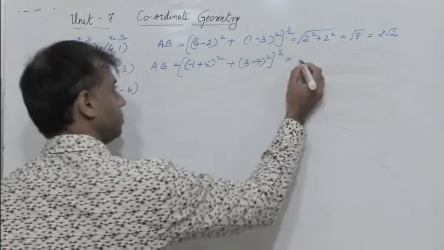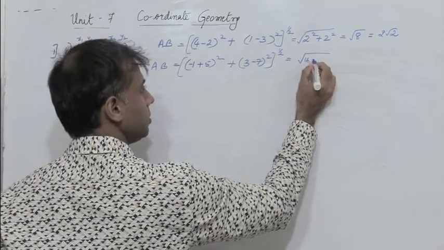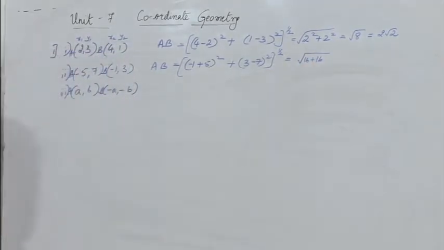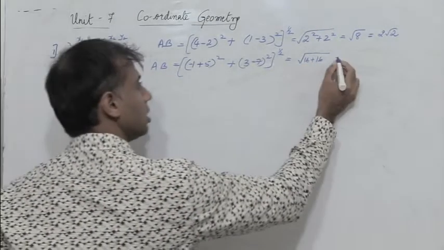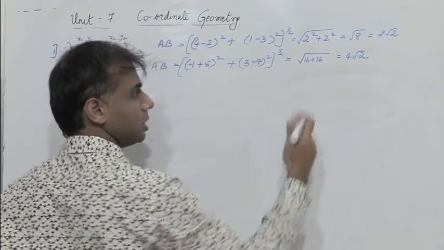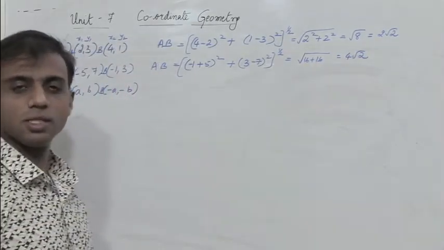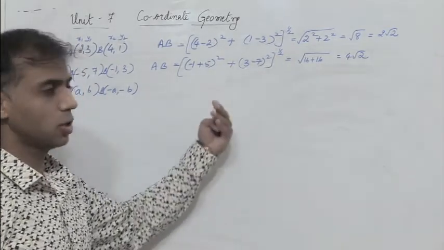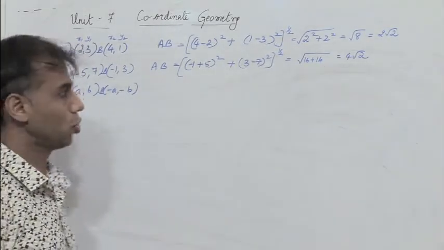So we have 16 plus 16, which is 32. 32 can be written as 16 into 2. So 16 is nothing but 4 square, and I can take 4 outside the square root, it's going to be 4 root 2.